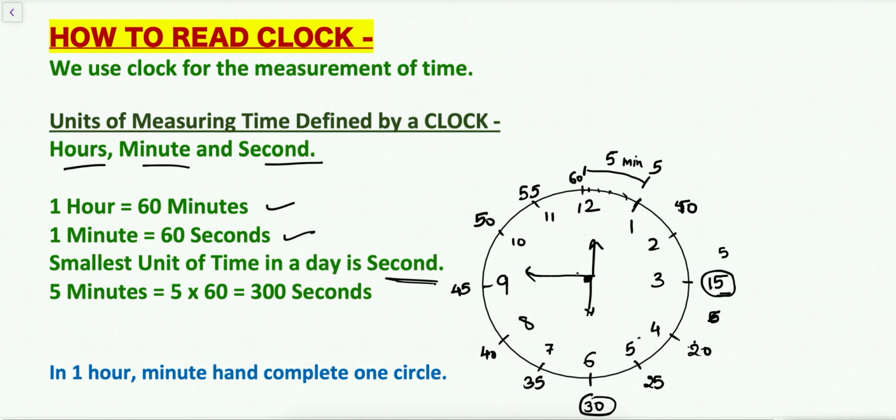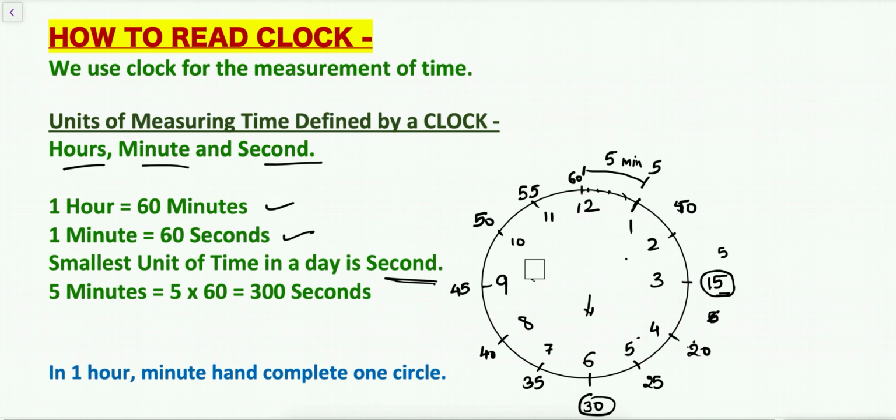Suppose now it is 1 o'clock, like this one. Here the small needle at 1 and the greater needle at 12. So it is 1 o'clock now. I'll just make it again. So suppose it is 1 o'clock now. This is the hour needle and this is the minute needle.